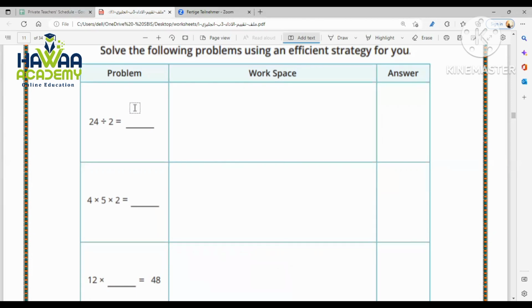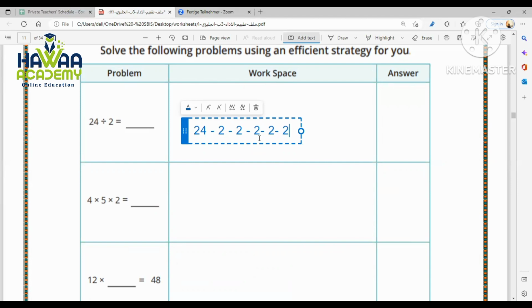Or we can use division by repeated subtraction, like 24 minus 2 will be 22, minus another 2 will be 20, minus 2 it's 18, 16, 14, 12, 10, 8, 6, 4, 2.